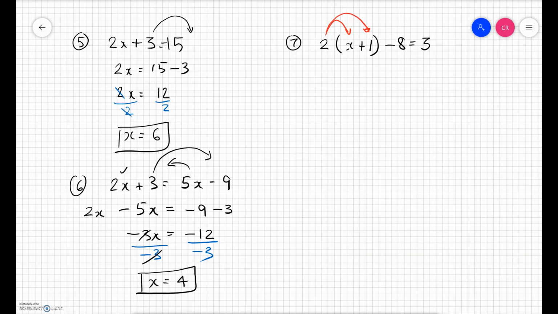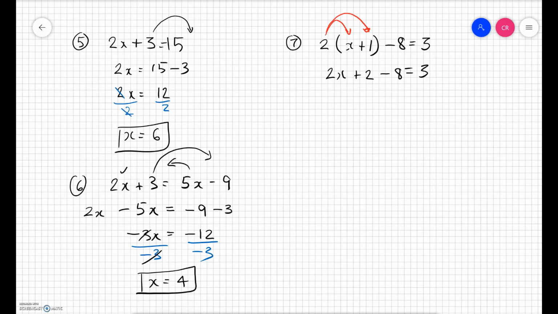So let's do that. 2 times x gives us 2x. 2 times 1 gives us plus 2, minus 8 equals 3. So we're back to a problem that we have seen before.